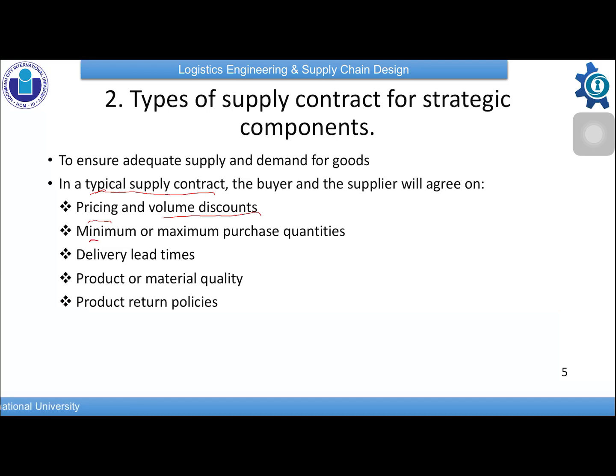The second one is minimum or maximum purchase quantity. The third one is the delivery lead times. The fourth one is product or material quality. So we care about quantity and quality, delivery lead time, price and discount, and product return policies.